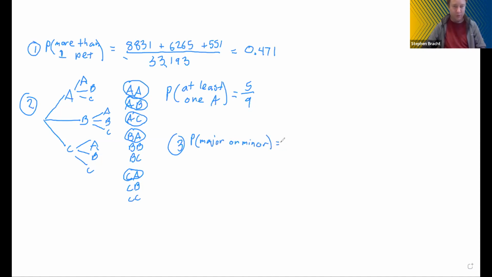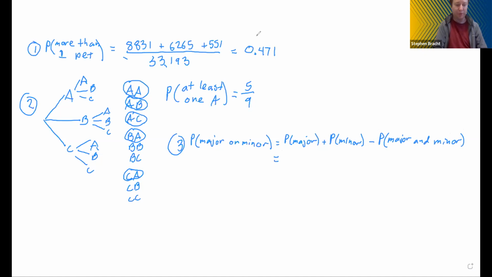So the general addition formula says this is equal to the probability of major plus the probability of minor minus the probability of both major and minor. Okay. All of these can be taken from the table, right?